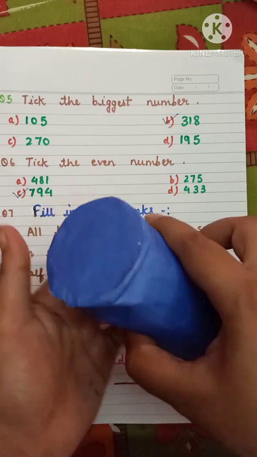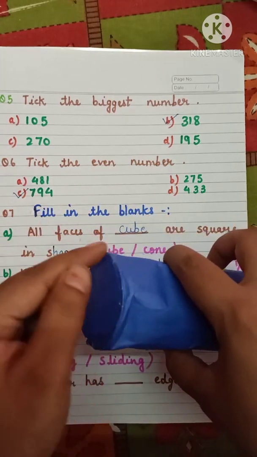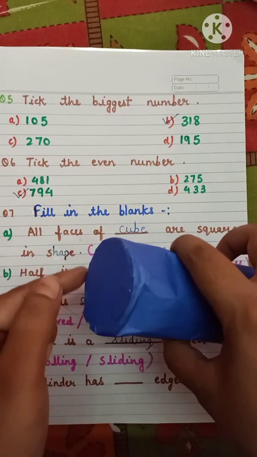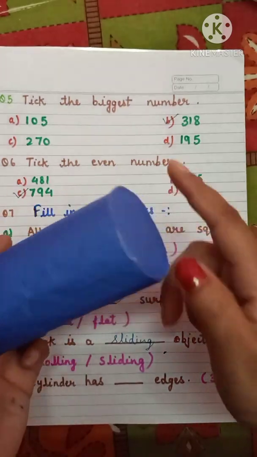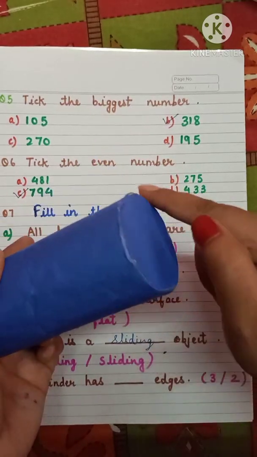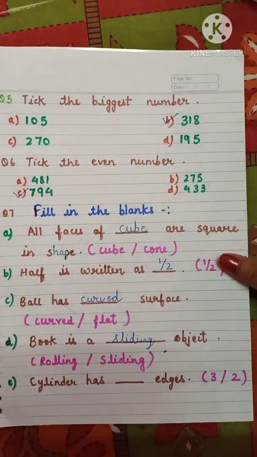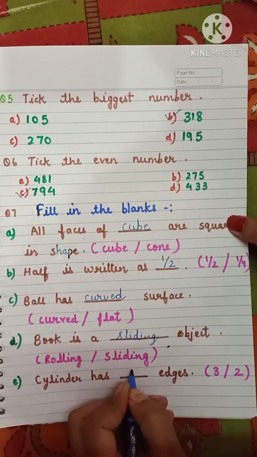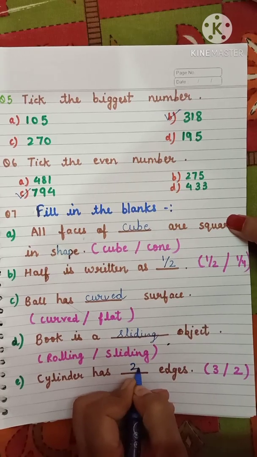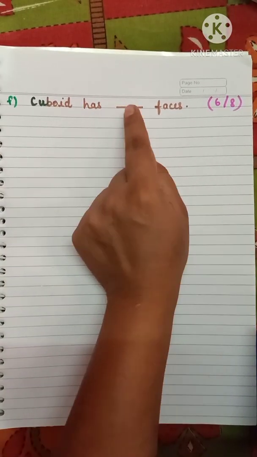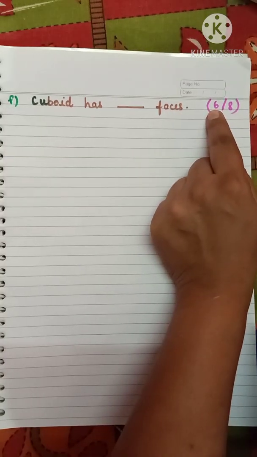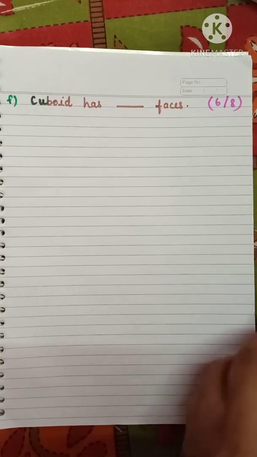These are the faces of the cylinder and this is the edge. So in a cylinder we have two edges, 1 and 2. So a cylinder has two edges.